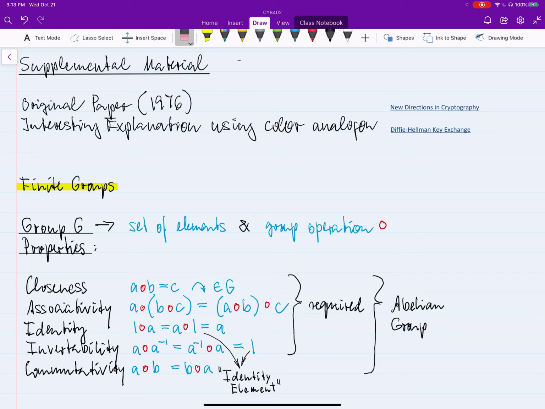So the original paper that Diffie and Hellman wrote in 1976 was called New Directions in Cryptography. And as I already said, it was the first ever published public key cryptography algorithm.